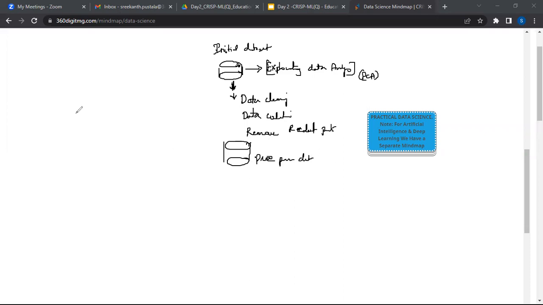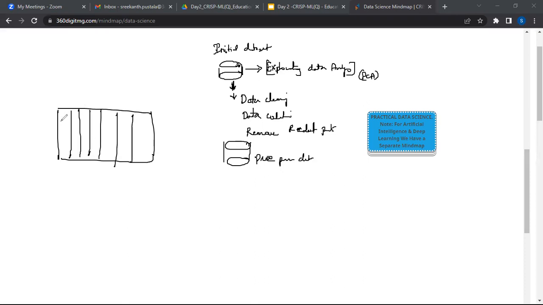Now, when we look into the data practically, what are we going to have? I am going to have rows and columns here. This is the structured data we are dealing with. So here, for example, I have the input values x1, x2, x3, x4, x5, x6, and I have a y column.